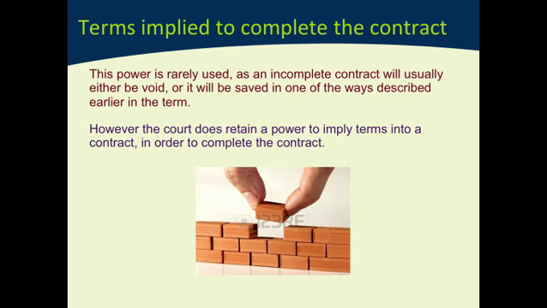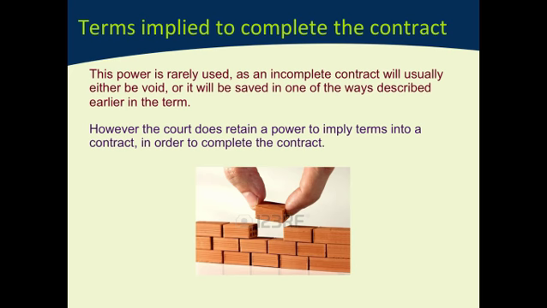Now, some of you are probably scratching your heads at this, because when we did contract formation, we said that one of the reasons why a contract might be void is because it's incomplete, and that it's not up to the court to go around completing contracts and doing the parties' jobs for them.